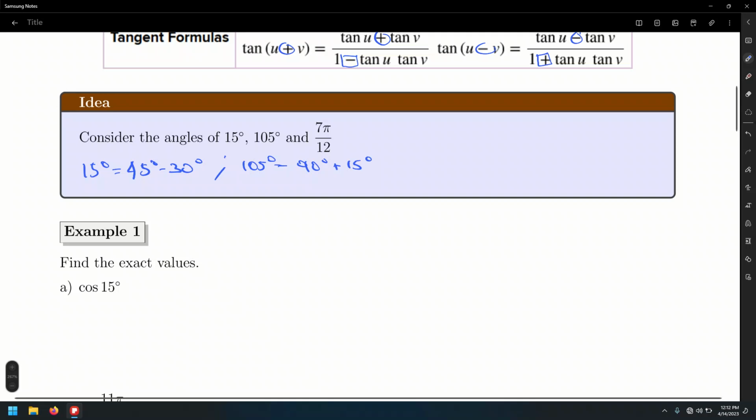The 15-degree angle is the same story as before. And you don't want to write it as a sum of 3 angles, just a sum or difference of 2 angles only. So this is not going to work. However, we could rewrite 105 degrees. How about 135 degrees minus 30 degrees?